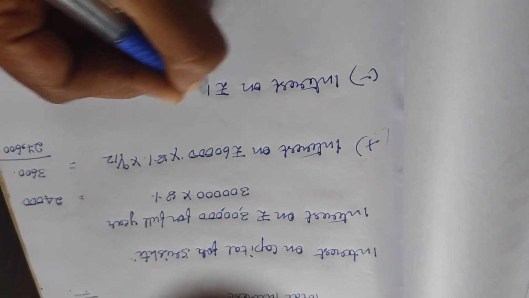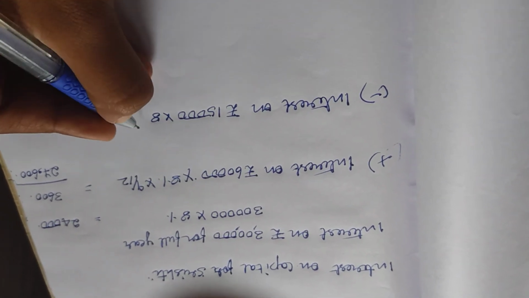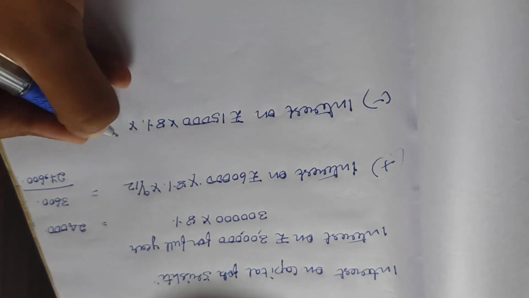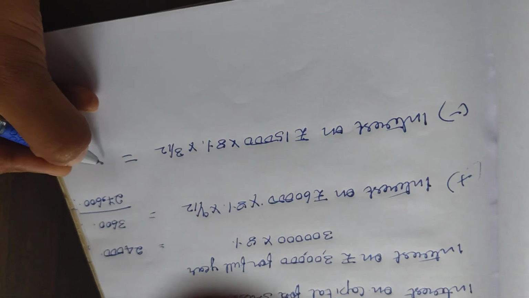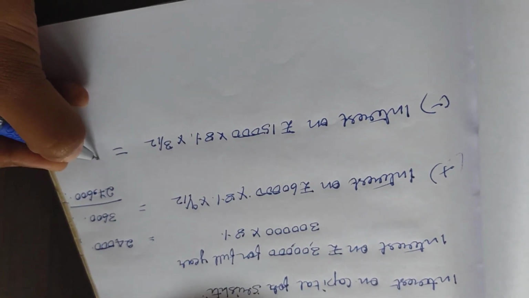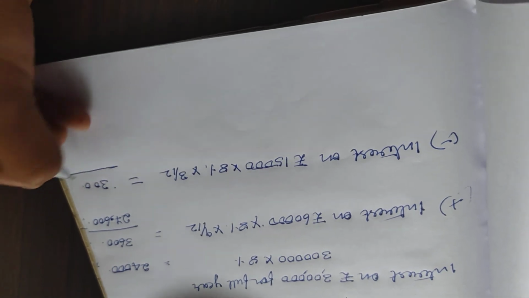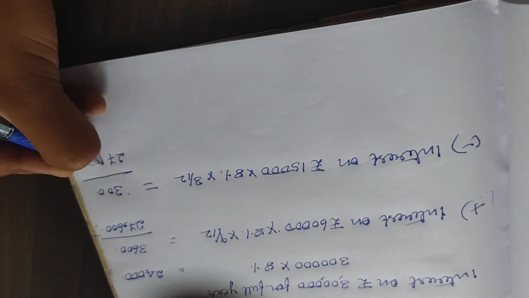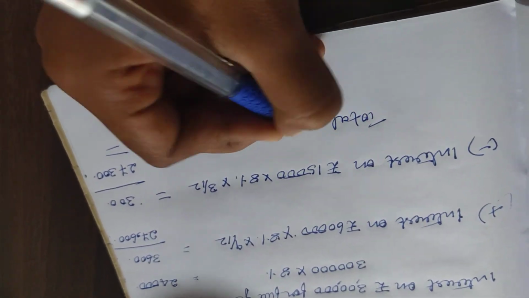Interest on rupees 15,000 into 8% into 3/12 comes to 300 rupees. So 27,600 minus 300 is 27,300. This is the total interest.